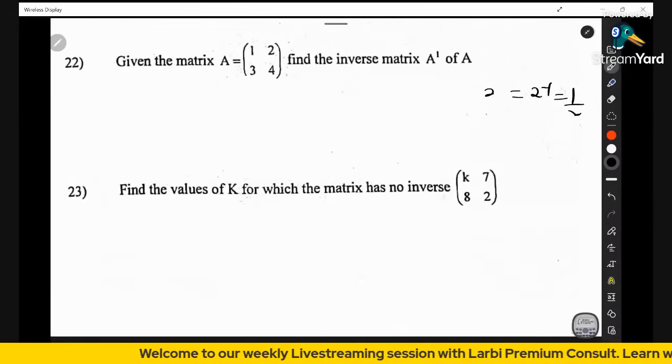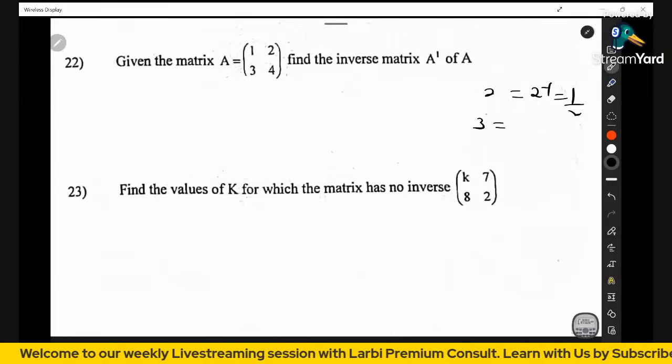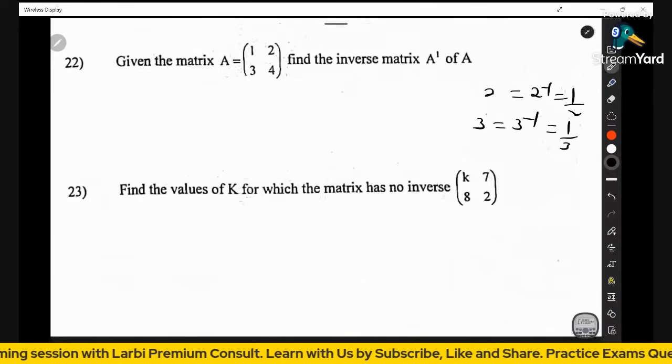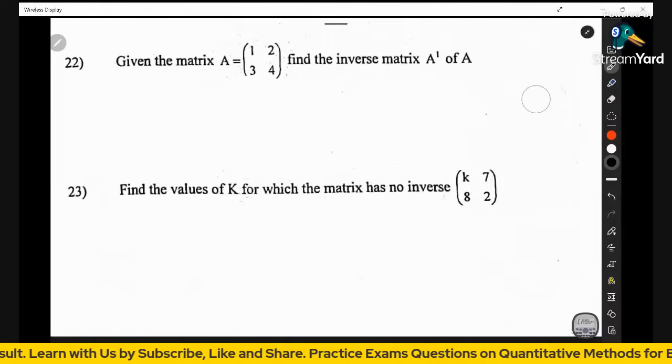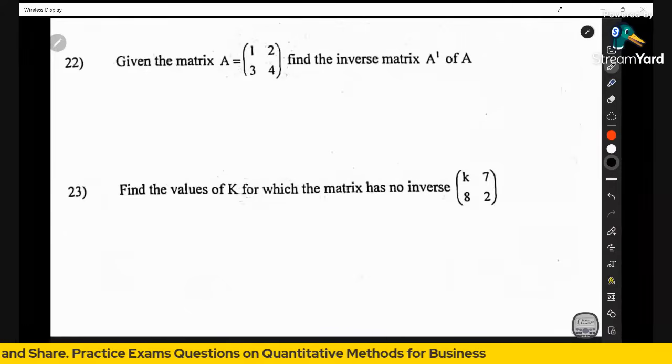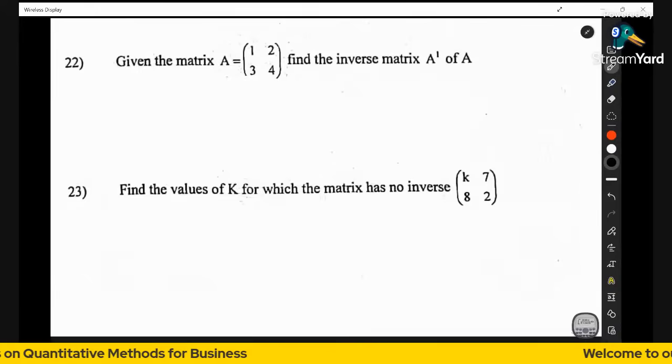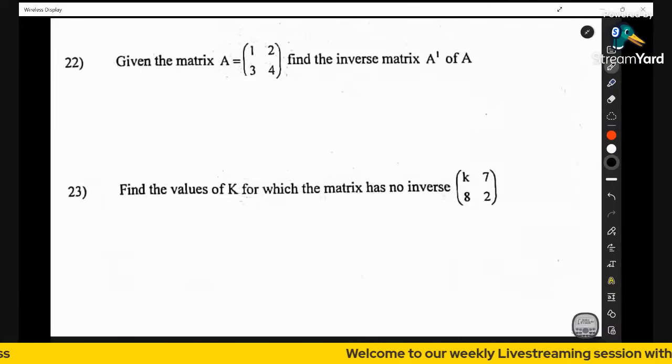If I got my determinant to be, let's say, 3, the inverse of 3 becomes 3 to the power of negative 1, which is 1 over 3. Once you find the determinant of the matrix, you find the inverse of the determinant, and then you use that to multiply the interchanged positions of the downward values, and the negation of the upward values. I will do that for you to understand.